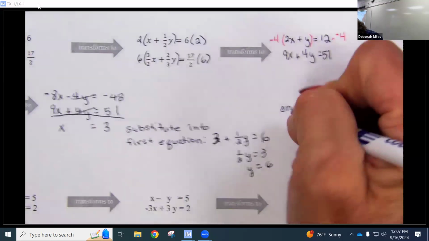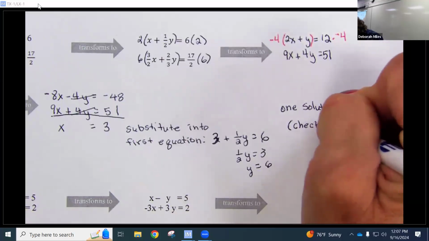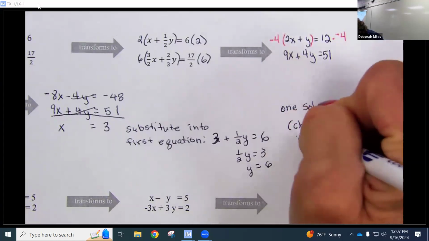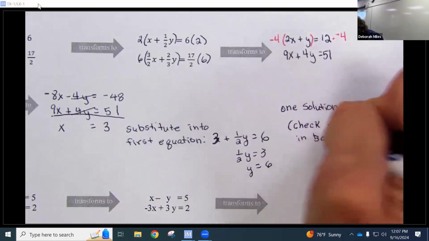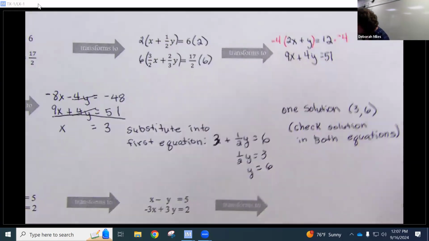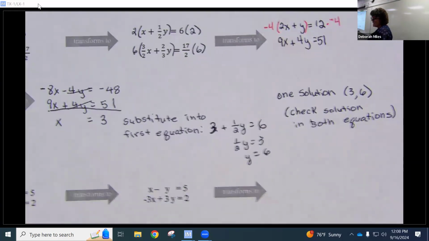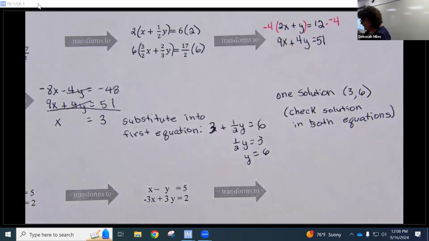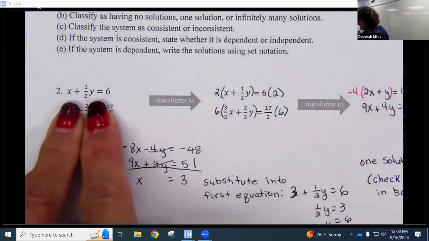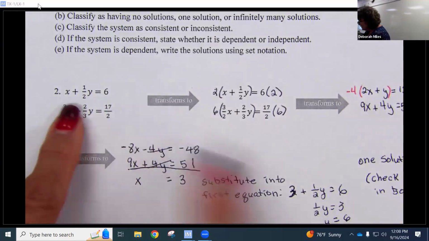I'm gonna just make a note: check solution in both equations. It would be a little bit gnarly because I would have to check it in the original. I might have made a mistake by the time I got to this point. You always check your answer with your original equations.